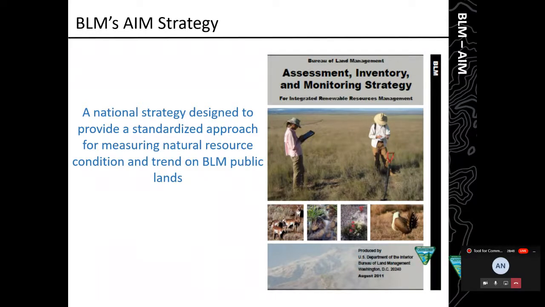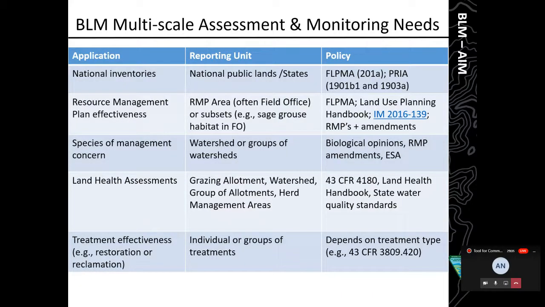As almost everybody on the call is aware by now, BLM's AIM strategy is designed to provide a standardized approach for measuring natural resource condition and trend on BLM public lands. It's a response to the fact that as an agency, we have multi-scale inventory, assessment and monitoring needs, everything from national level inventories down to assessing the effectiveness of individual treatments.